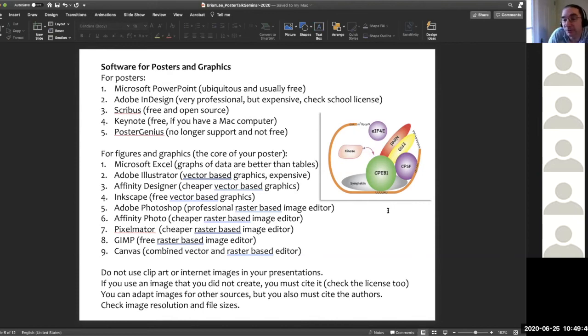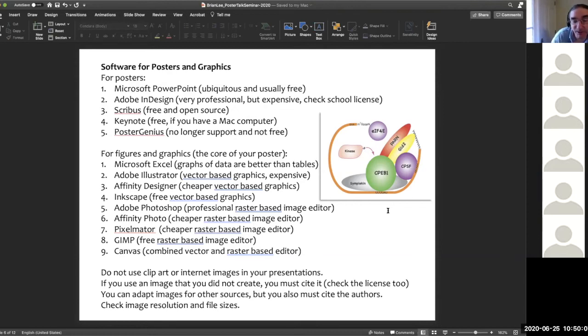So make sure you cite it, but at the same time, it is a good idea for getting experience. Plus, when someone comes up to your poster, they don't want to see images that they might have seen elsewhere. They want to see stuff that you've created, and that'll be a lot more impressive as well.